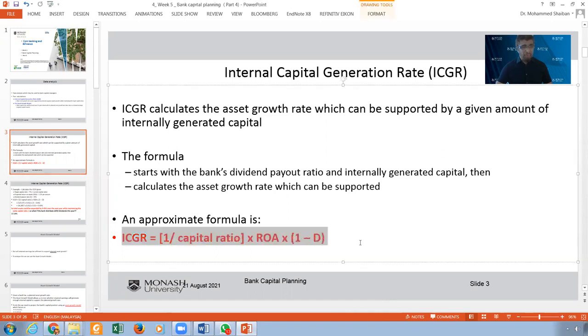This is the formula. This is the capital at the beginning of the year, and this is how much I get from the return earning, and I subtract the dividends from it. That's all. But I want to transfer this to numbers.